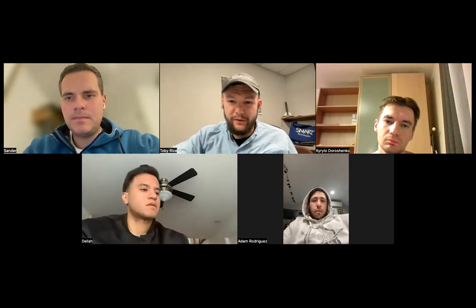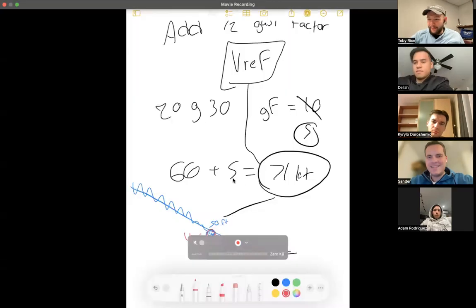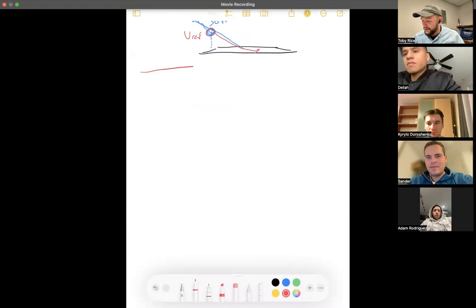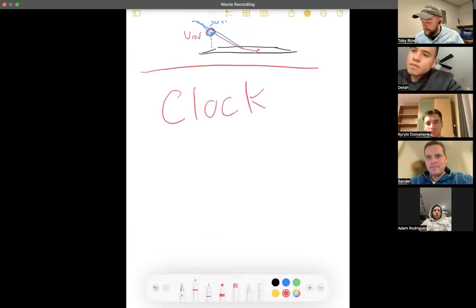If the wind is 60 degrees, I'll draw this out for you just so you can see it. This is actually some pretty cool math. I like math for those of you who don't know. I call this the clock method. You guys are going to want to write this one down. This is for calculating crosswind components and tailwind components.